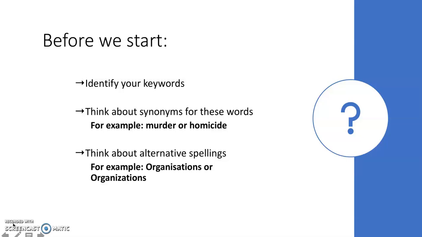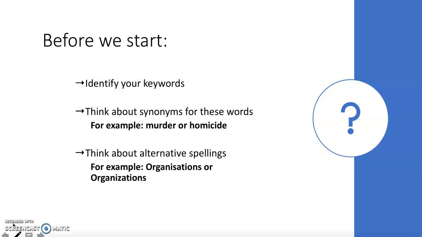Once you've thought about those words, you need to think of synonyms. These are words or phrases that have the same or similar meaning to your keywords. Just because you refer to something in a particular way doesn't mean that everyone else will use the same terminology.